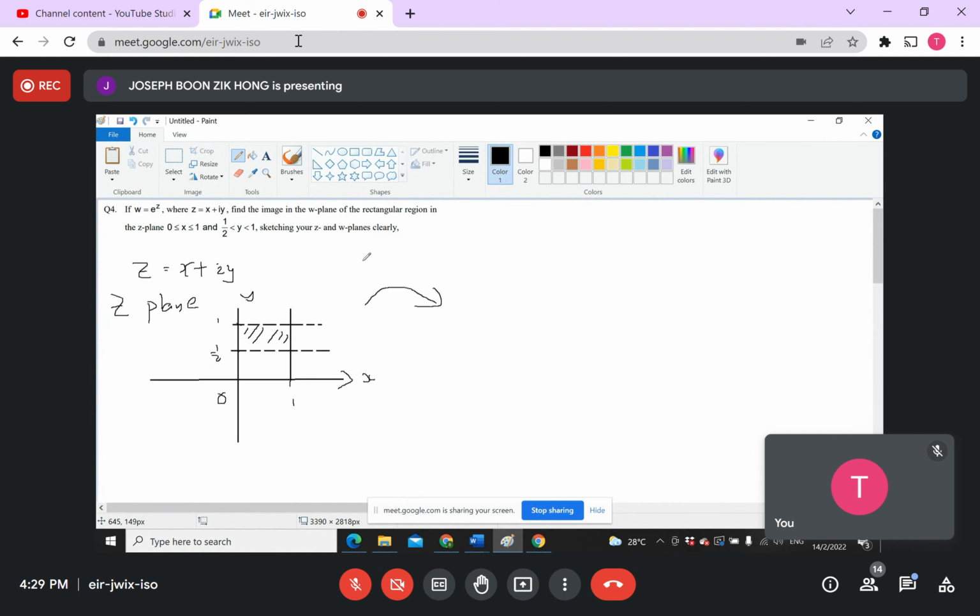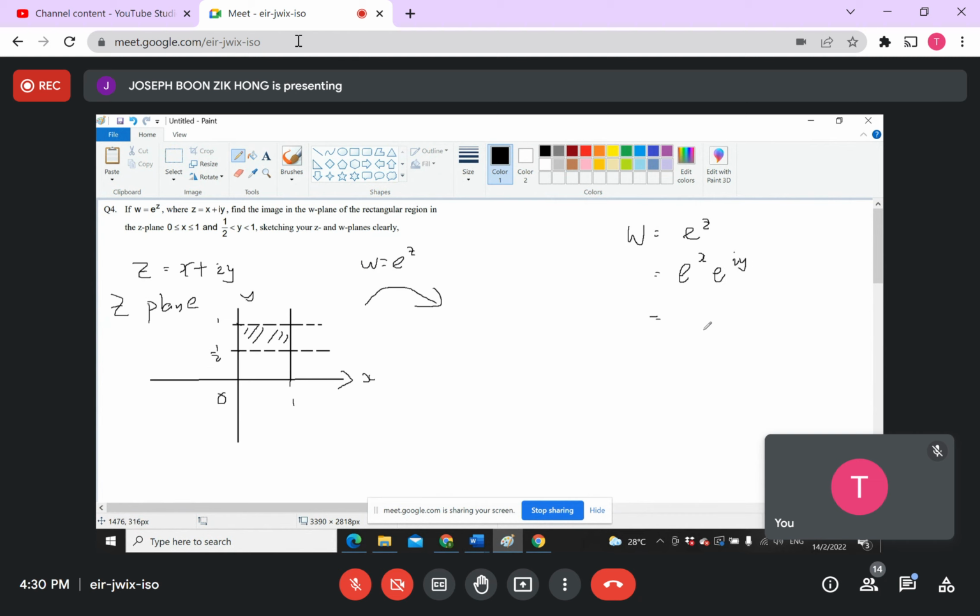And then after the transformation w equal to e^z, we have to calculate first. w is equal to e^z, so that means it is e^x e^(iy).